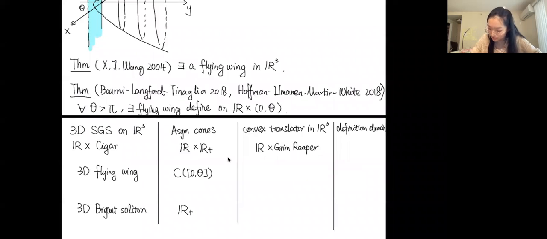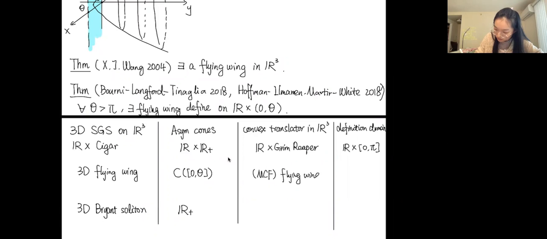Its definition domain is R cross 0 to pi. And the mean curvature flow flying wing has definition domain R cross 0 to theta inverse, where theta is between 0 and pi here. Same here.